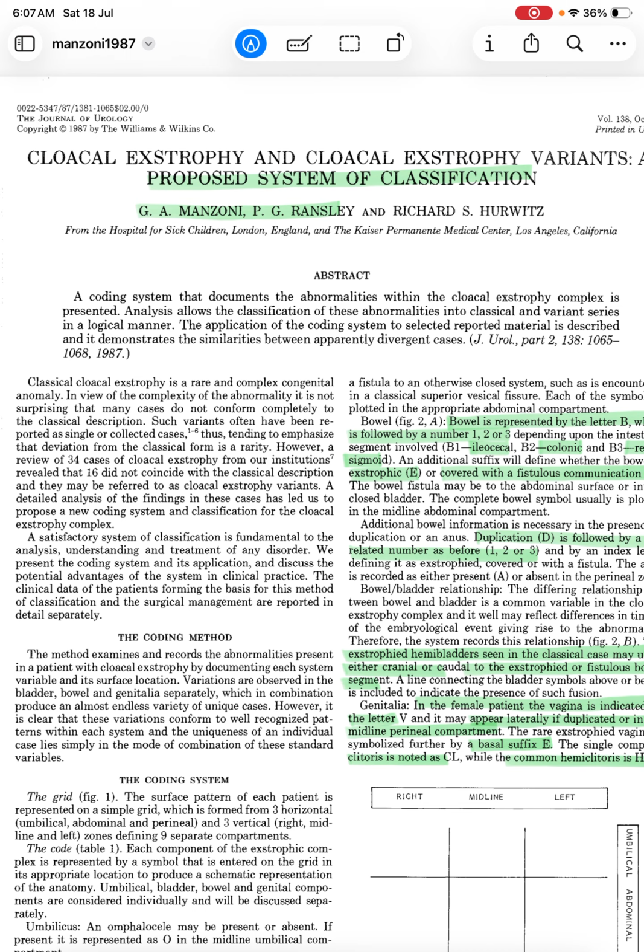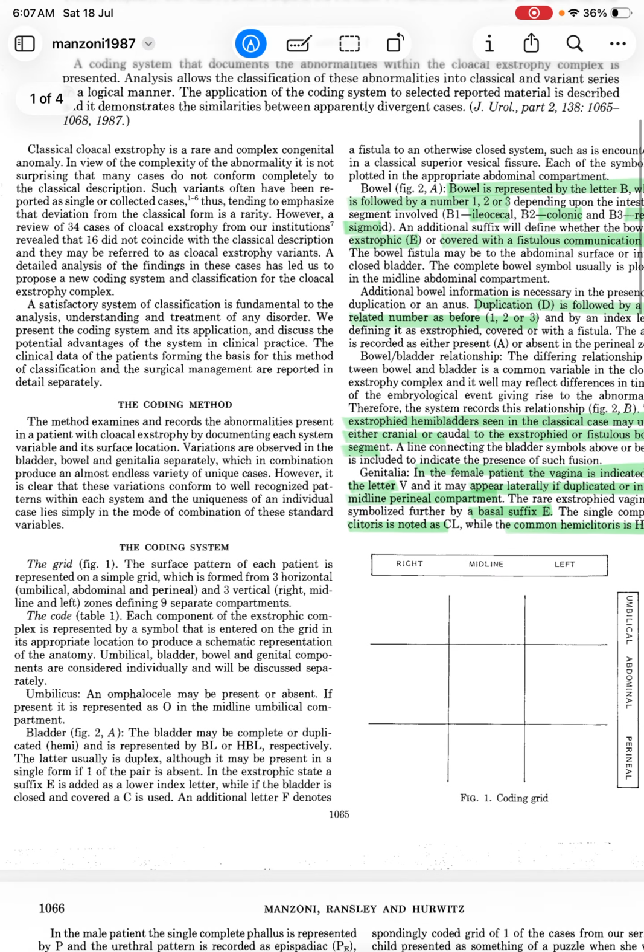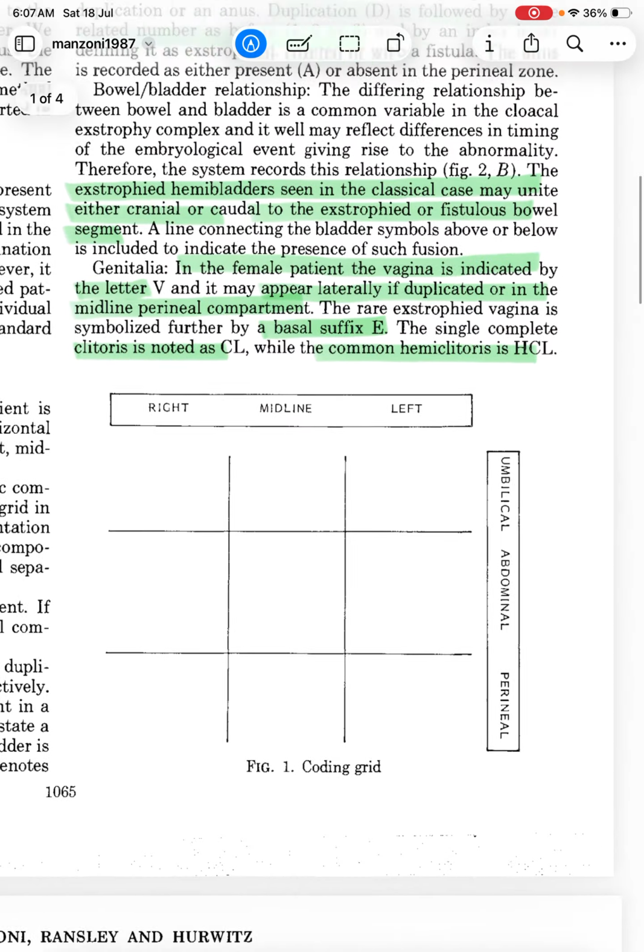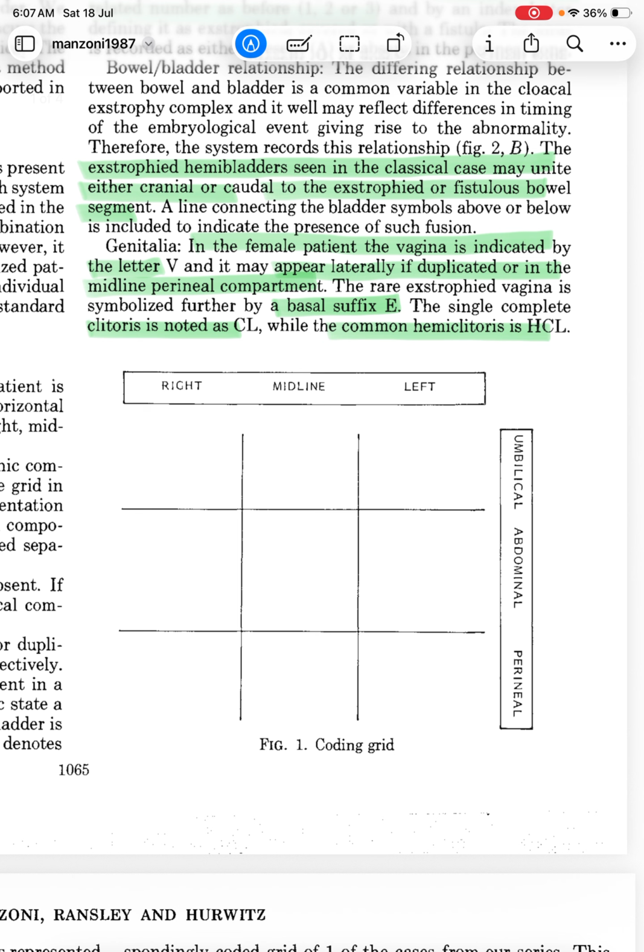In this, they made a coding system where they formed a coding grid. This is the coding grid, a grid system formed by nine areas or segments, which include the infra-umbilical defect.